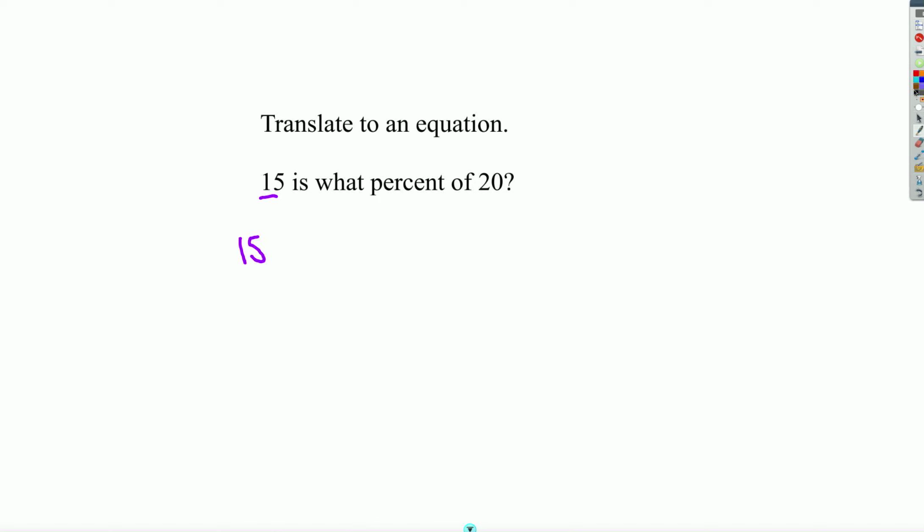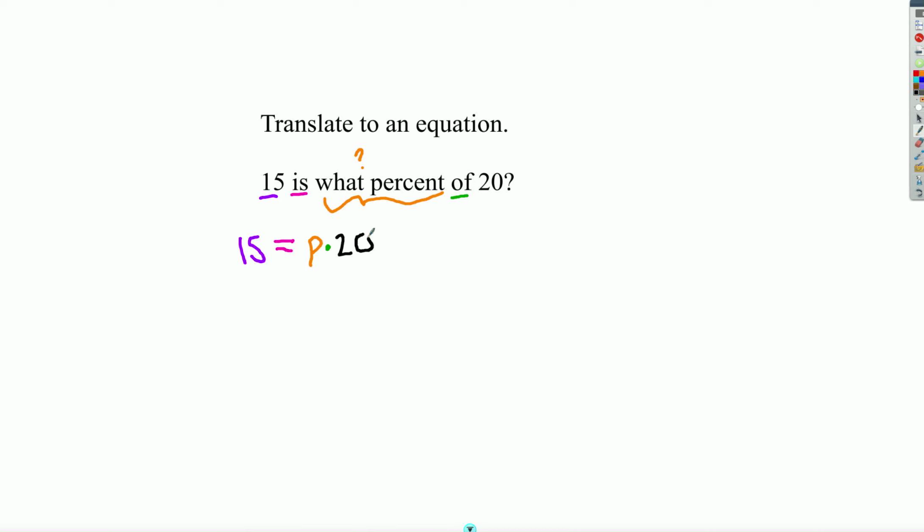Then the word is, I remember, is an equal sign. What percent? Here's my unknown, my variable. I don't know what that is, so maybe I call it P or K or X. I'm going to call it P in this problem. Of means I'm going to multiply. And then 20.